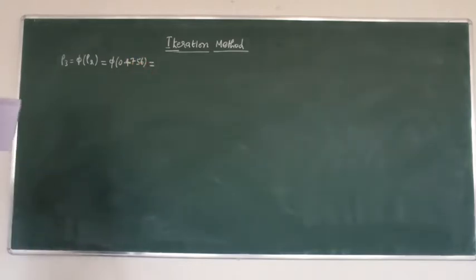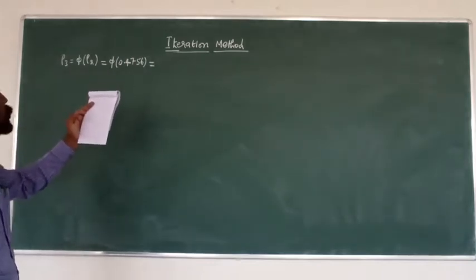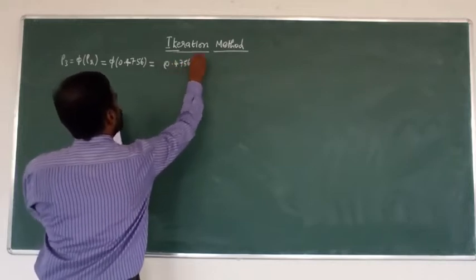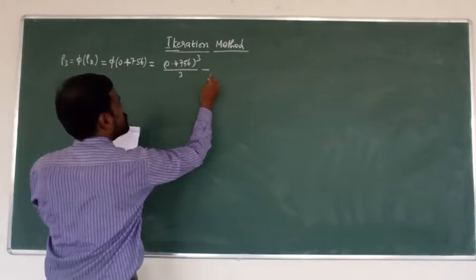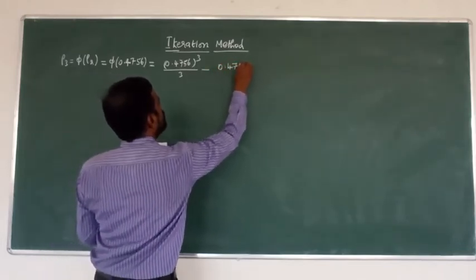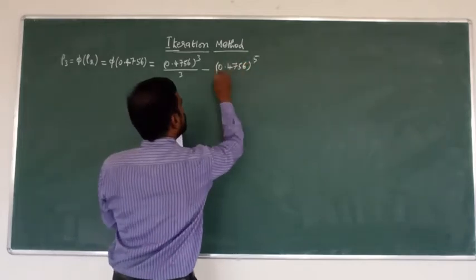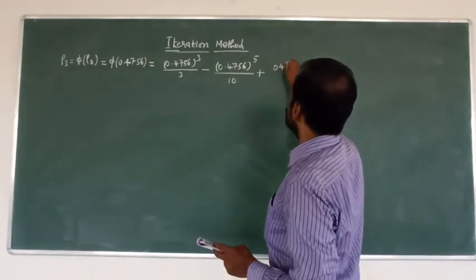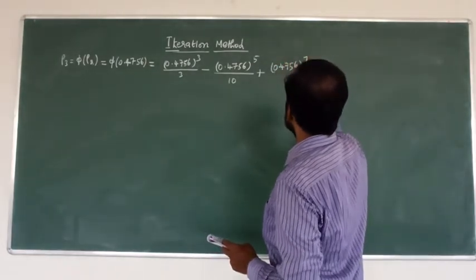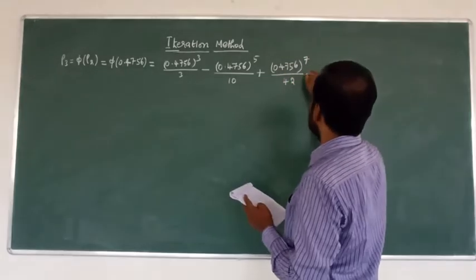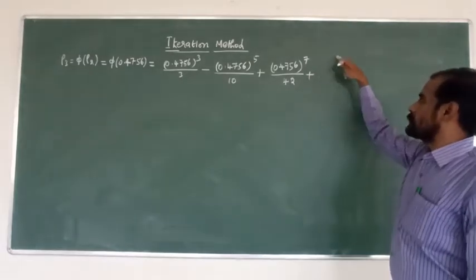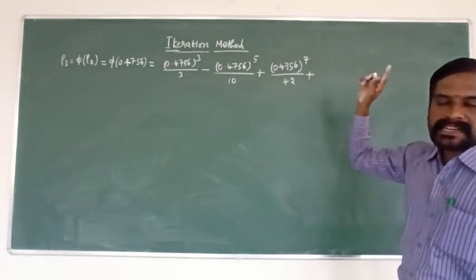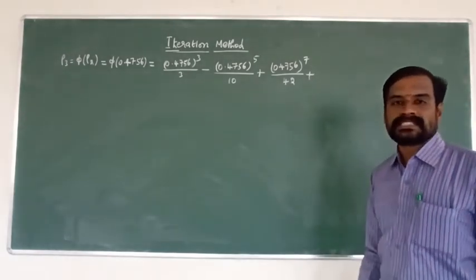Now to substitute f of rho value 0.4756 cube divided by 3 minus 0.4756 power 5 divided by 10 plus 0.4756 power 7 divided by 42, and rho power 9 and rho power 11 we can omit due to after decimal point more than 5 decimal places are 0.